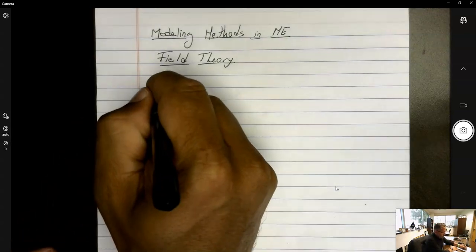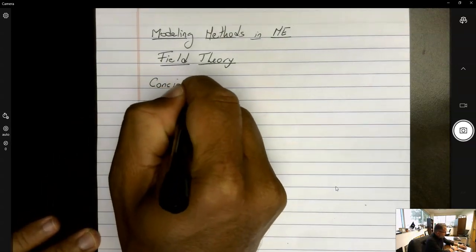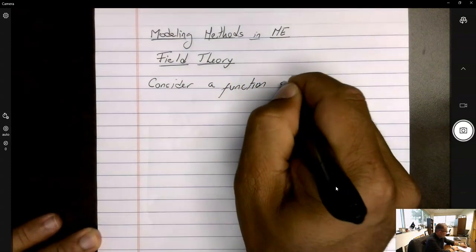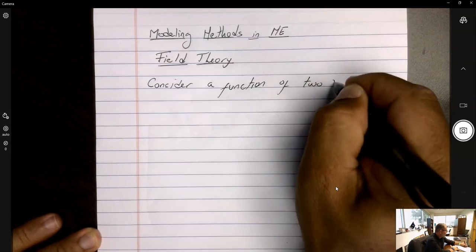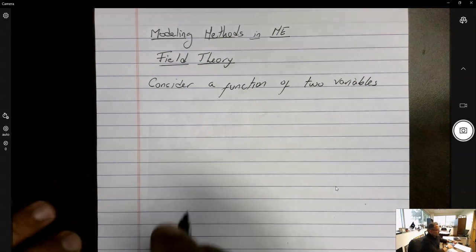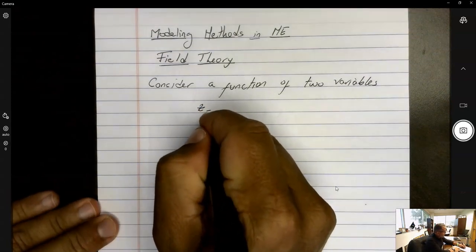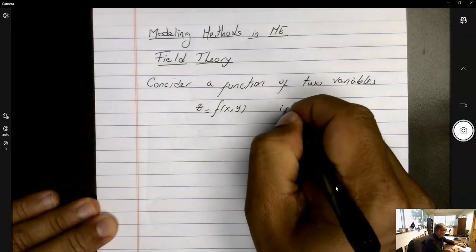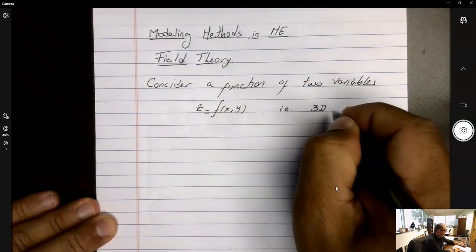So from the mathematical point of view, let's start by considering a function of two variables. Let's start with the concept of a multivariable function. We call it z, which is a function of x and y. And we can explain this geometrically as a 3D surface.